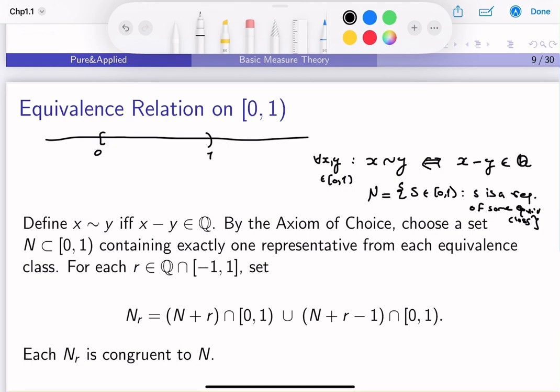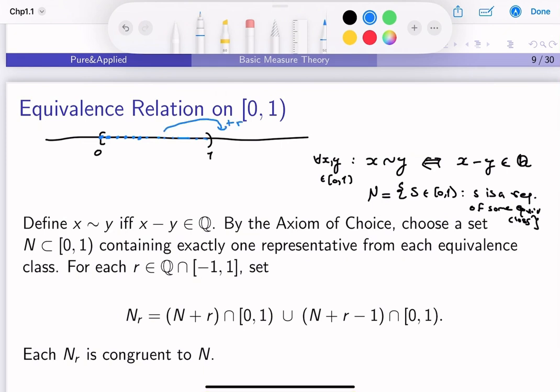But before we do that, we're going to introduce a sequence of sets indexed by the rational numbers. So what we're going to do is the following. We're going to take this set N, which is a set of points in [0, 1], and so we have these points over here, and we're going to translate them by r.